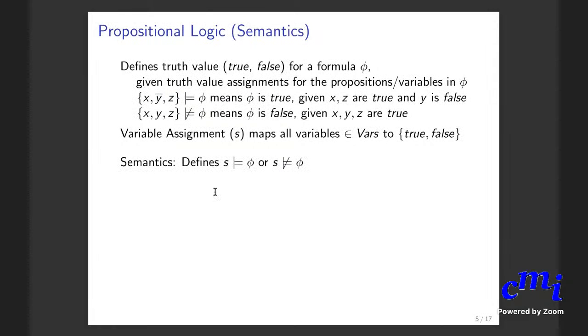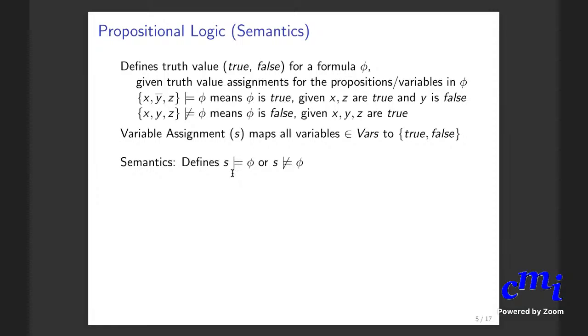Just like the syntax, where the sentences were constructed recursively, starting from atomic propositions and then building bigger and bigger formulas, the semantics, that is the truth value assignment for formulas, also has its rules defined inductively or recursively, starting by specifying what the truth values for the atomic sentences are, and then defining rules that assign meaning to formulas constructed using the logical connectives belonging to the syntax of the language.